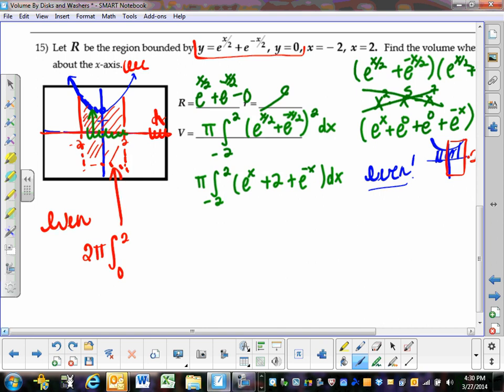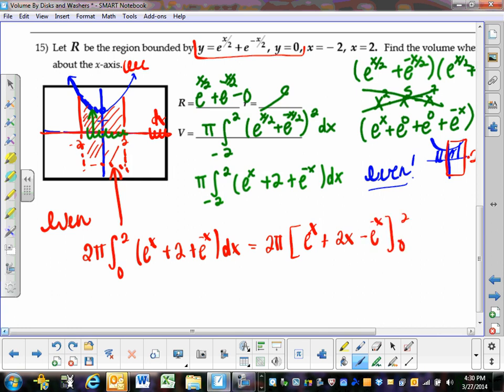So I don't have to worry about plugging a negative into a negative exponent and a negative into a positive exponent and figuring out what happens. I'm only going to plug in 2 and 0. So I'm going to hold the 2 pi and anti-derive. The antiderivative of e to the x is e to the x. Antiderivative of 2 is 2x. The antiderivative of e to the negative x is negative e to the negative x. And then from 0 to 2.